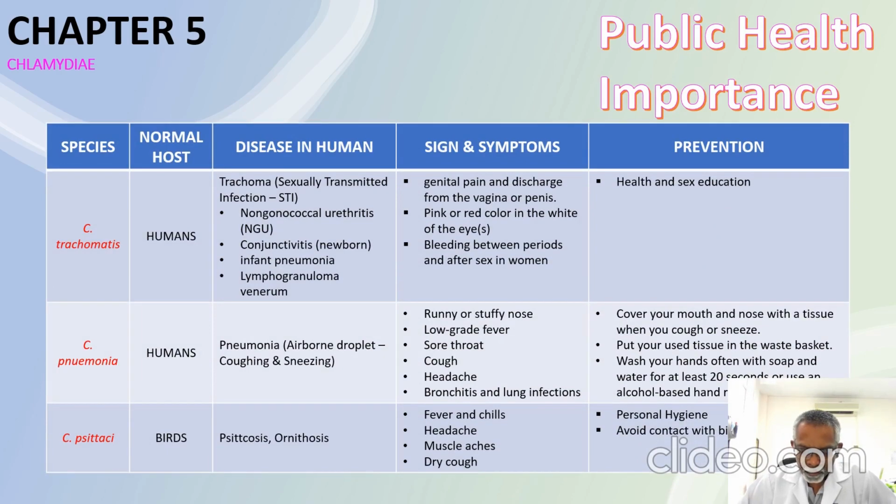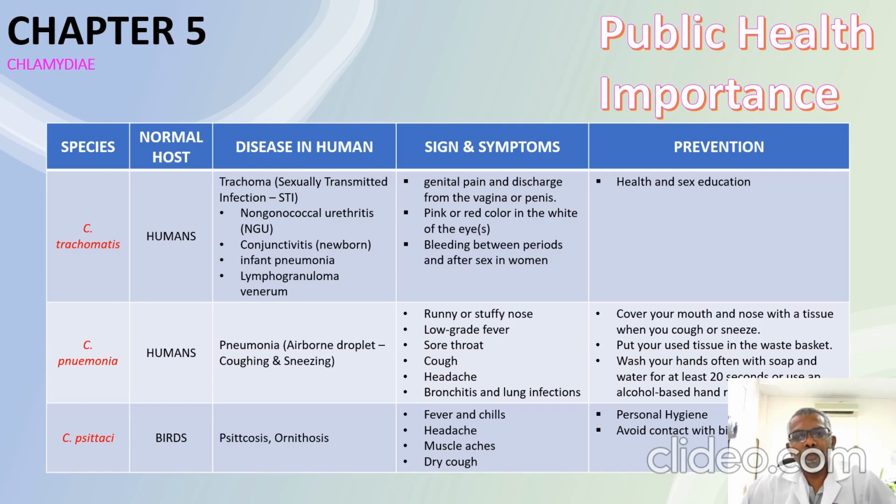The following slide will tell us more important details of these bacteria. So let me explain briefly about the table, which consists of the three species of chlamydia. Okay, Chlamydia trachomatis, the normal host for it is humans. Sometimes it is also related to sexually transmitted infections.